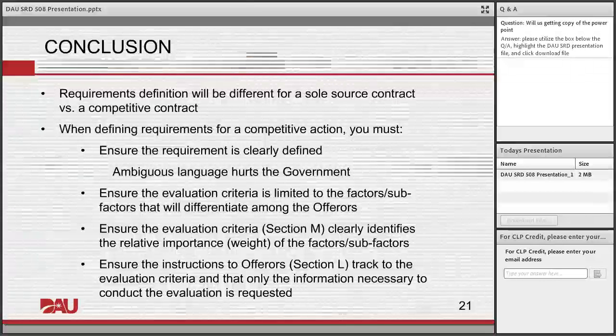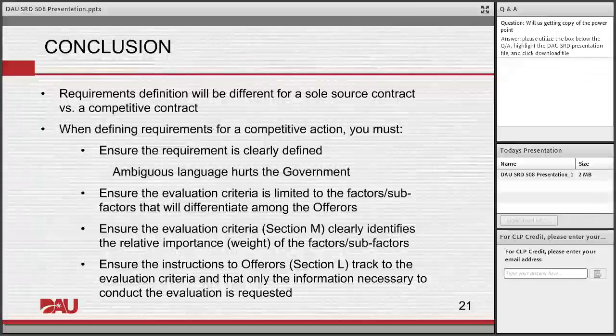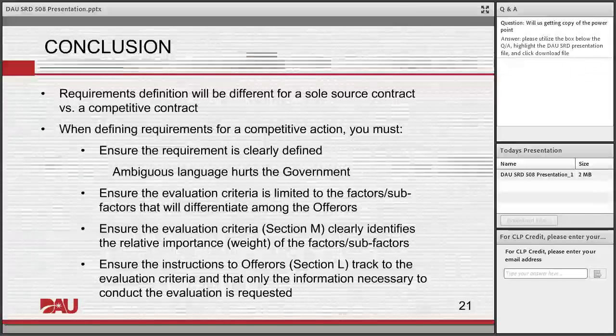So the reason why it's important is the contracting officer and contract specialist, both key members of the acquisition team, should be involved in the requirements development as far left as you can. So definitely, as they're starting to plan, we contracting individuals should be included in those discussions.